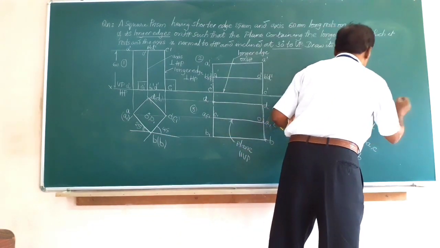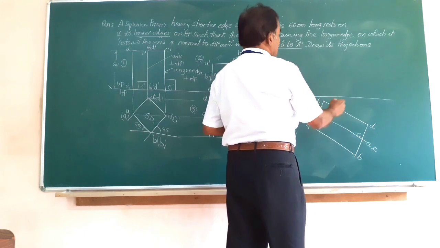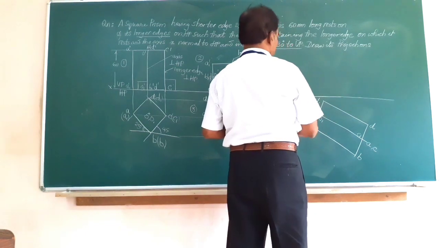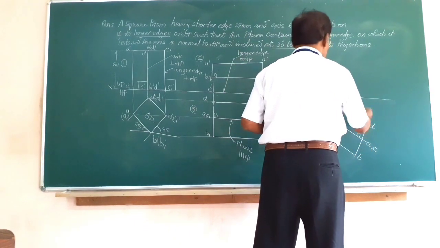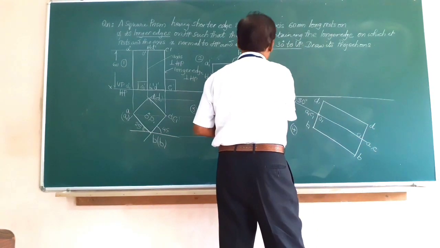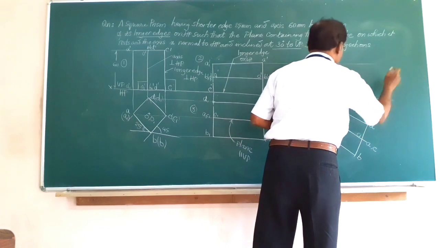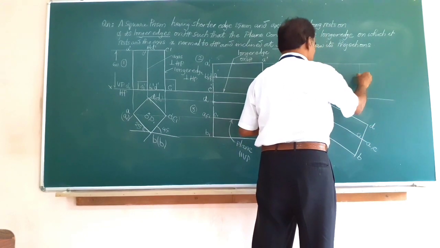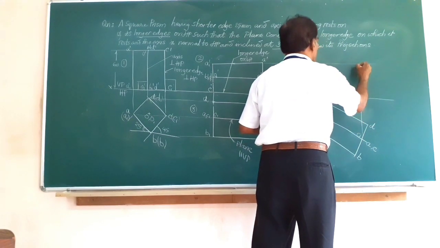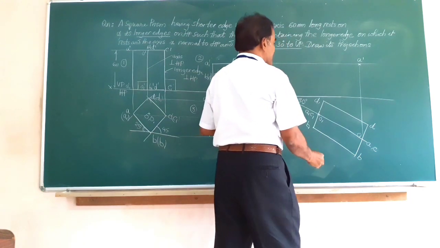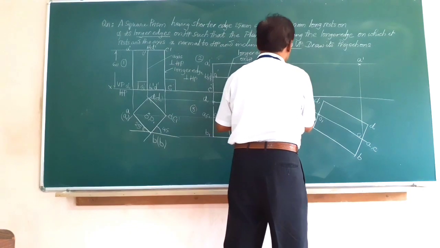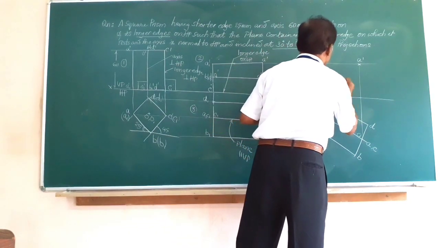Hence, I project these points and get the front view of the top face. Top face is ABCD. Follow the procedure. You can start from point A, horizontal from point A, vertical from point A. The point of intersection will give you A dash. Likewise, B and D will fall on this, exactly in the center.